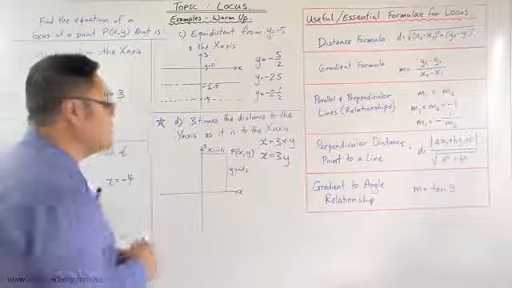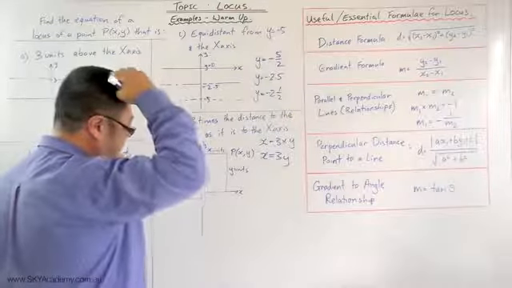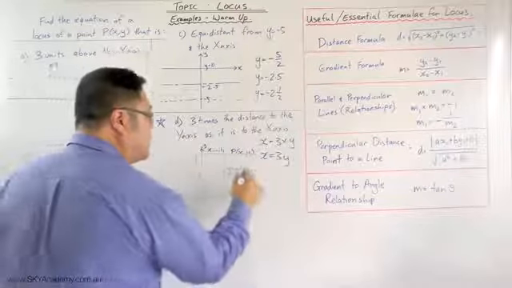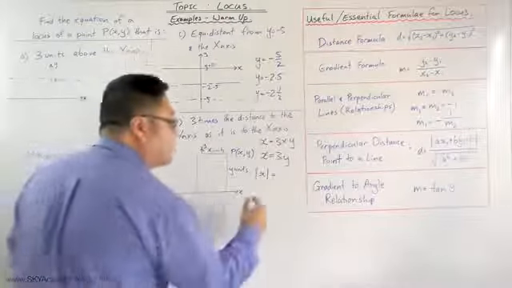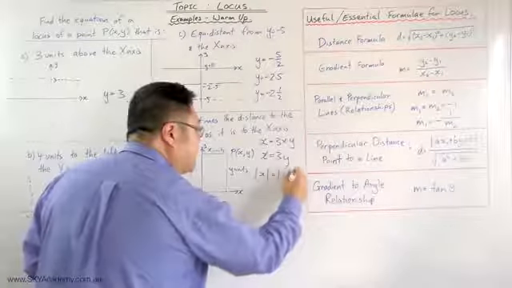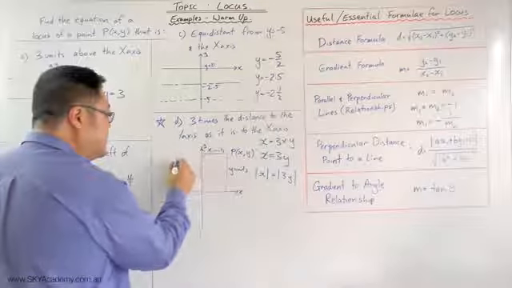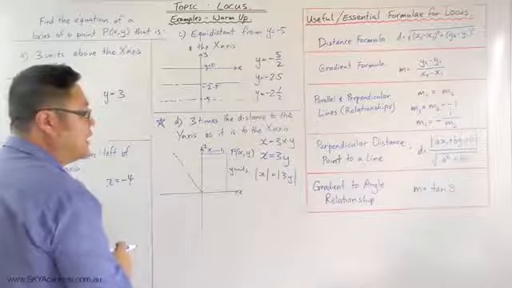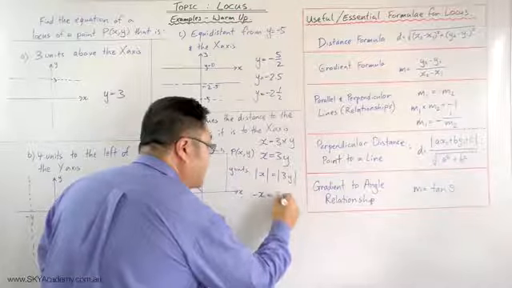So it's also going to be the absolute value of x equal to the absolute value of 3y, which would include this point here, where minus x is equal to 3y.